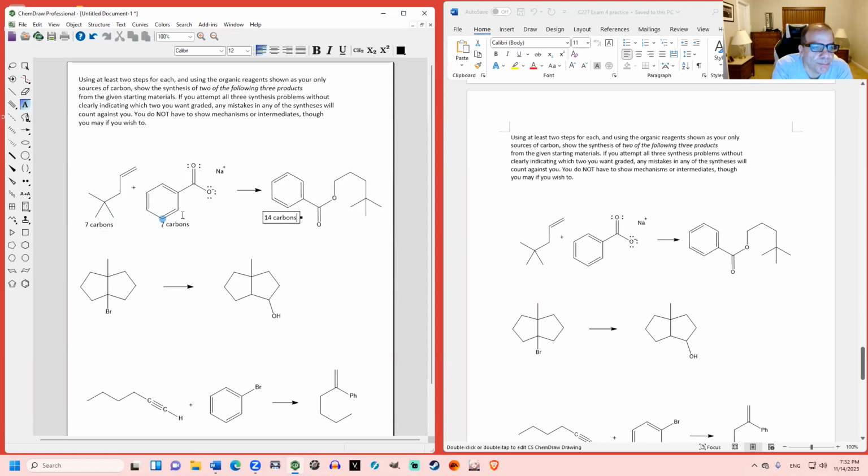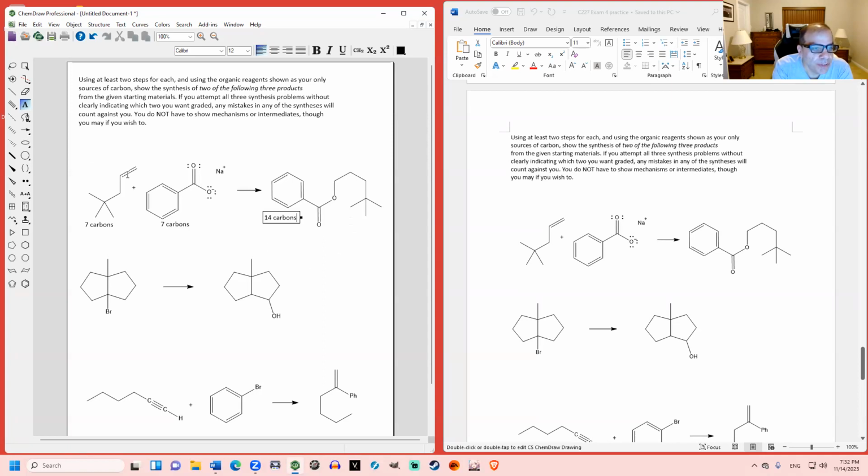In other words, we've combined these two structures into this. Now, what you have to know in order to do synthesis questions is all your reactions backwards and forwards. It's not just memorizing examples of what we did in class. It's understanding what the reagents do and why.